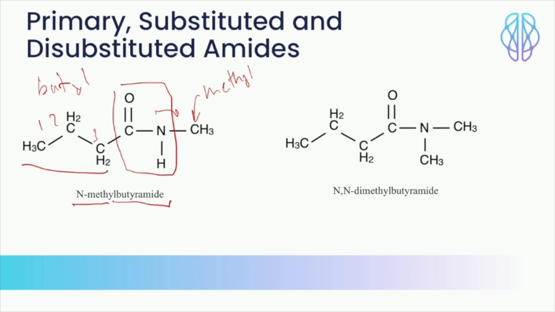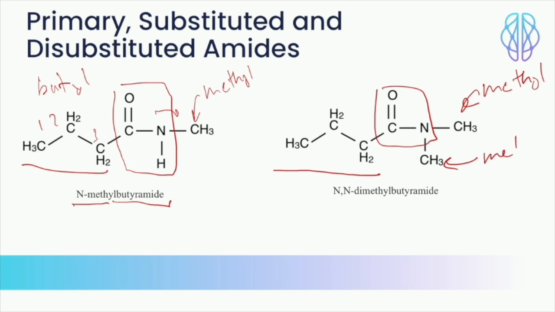Same thing on the right hand side. However, this is a di-substituted amide. So if you look at this, there's two alkyl groups bonded to this nitrogen, and I've isolated the functional group again for you. We name it based on the alkyl group that is on the C double bond O side. However, there's two methyl groups bonded to this nitrogen. So this is N,N-dimethyl butyramide.